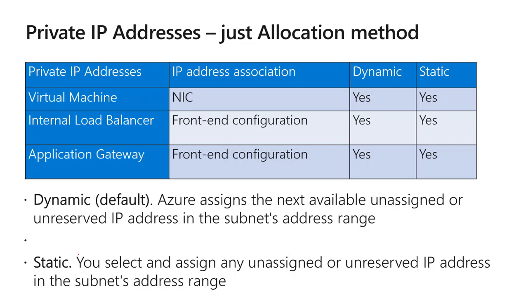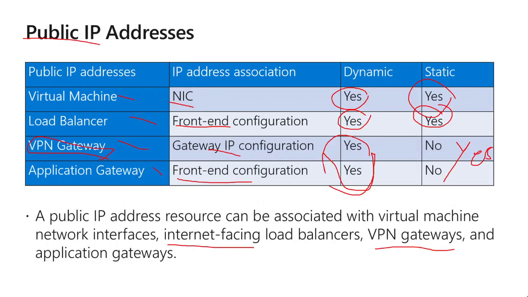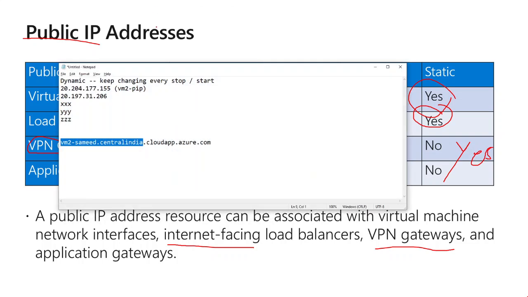All right, private IPs have two methods, dynamic and static assignment. This is just the allocation method. The IP will not ever change. In the public IP, when we stop the virtual machine and start the virtual machine, the IP gets changed, right, guys? We got different IPs. This is what we have seen.